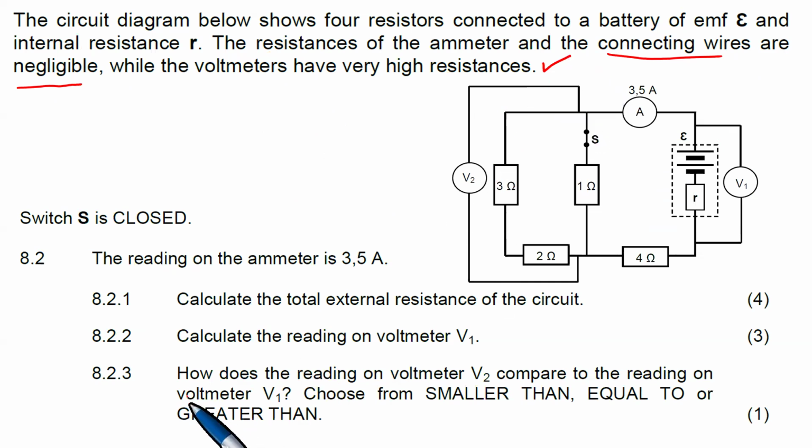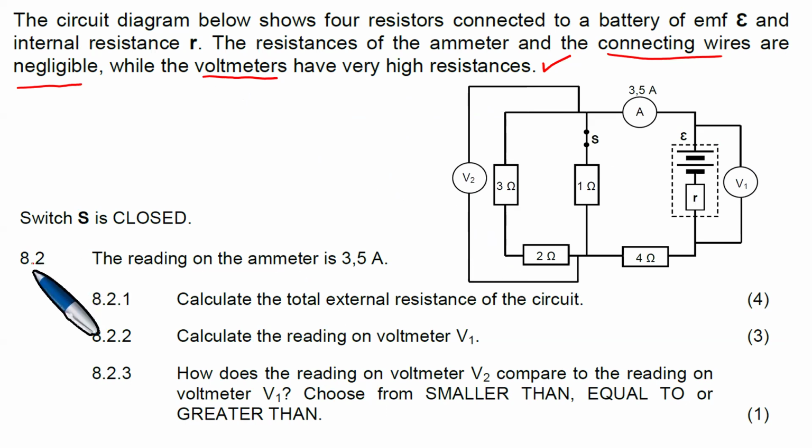These are not just ordinary voltmeters. These voltmeters are like resistors. There's a voltmeter V2, there's a voltmeter V1, but they are like resistors. It's like we have put another resistor here and another there.